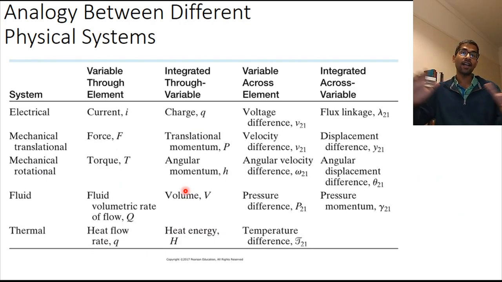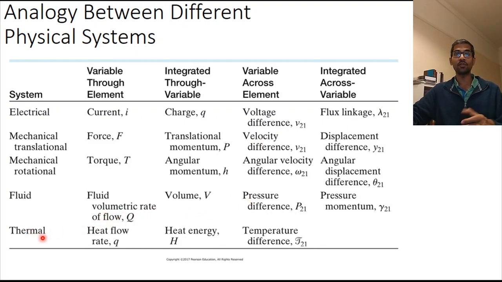So there is a kind of an analogy between different physical systems. For example, in the electrical system, what you have is current, charge, voltage difference, and probably magnetic flux. And similar to these quantities, in mechanical systems, you have force, momentum, velocity difference, and in fluid systems, you have flow, volume, pressure difference.